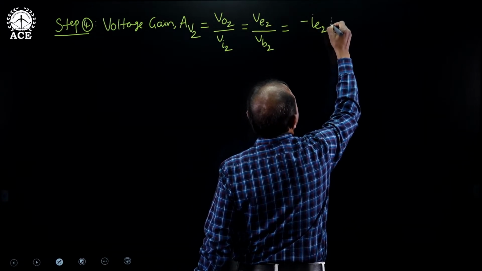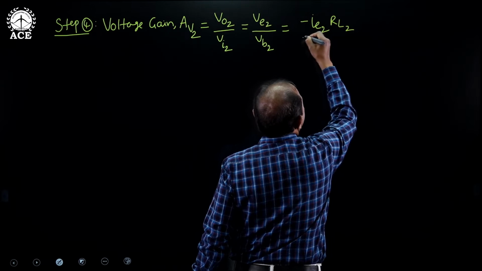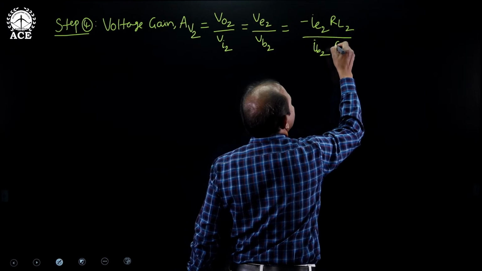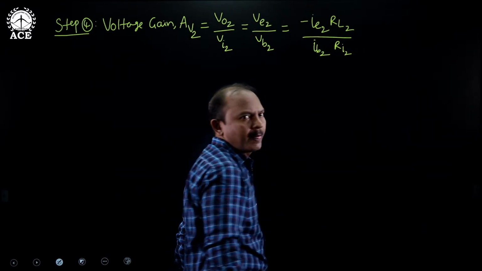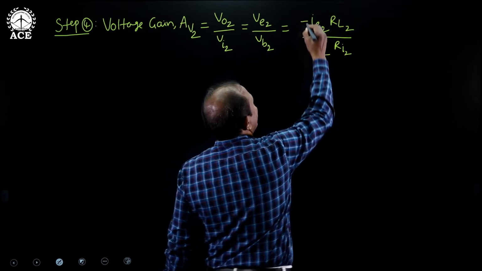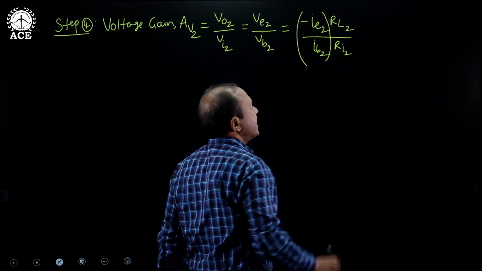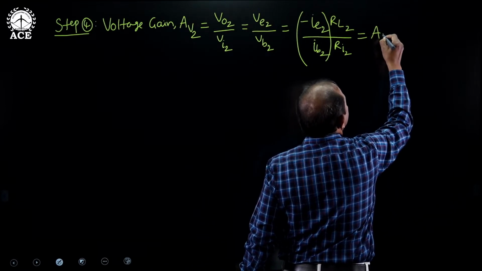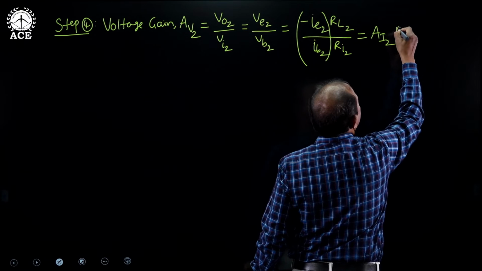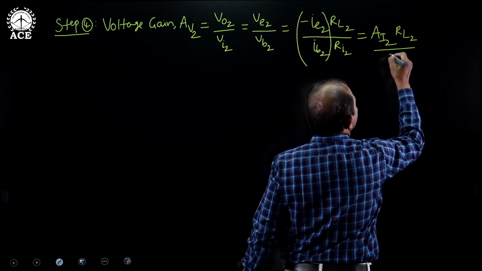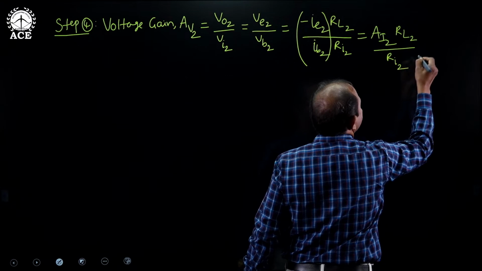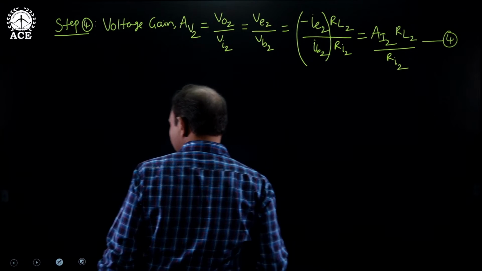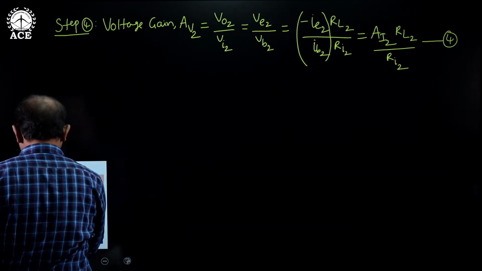Already we got this equation. And similarly, VB2 means IB2 into Ri2. But we know minus IE2 by IB2 is nothing but current gain. So, we can rewrite this equation as AI2 RL2 by Ri2. Another important equation. This is the equation for voltage gain. Accurate equation for voltage gain is this.